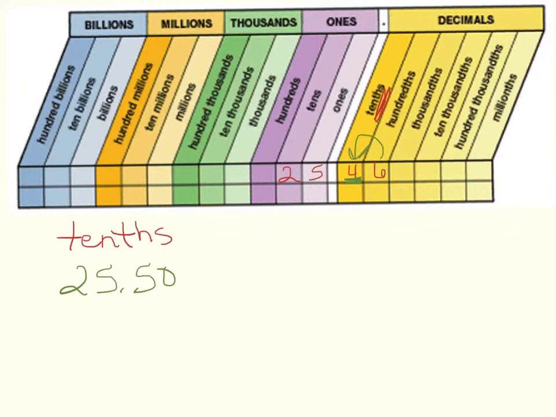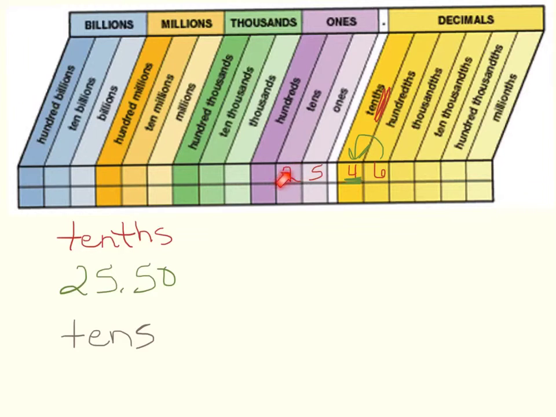Now, what if we wanted to round this number? We're still working with the same number. What if I wanted to round it to the nearest tens? Remember, this does not have a THS, so this is something different. Where's my tens place? It's not that one. That's got the THS on it. Here it is, tens place. My 2 is in the tens place.